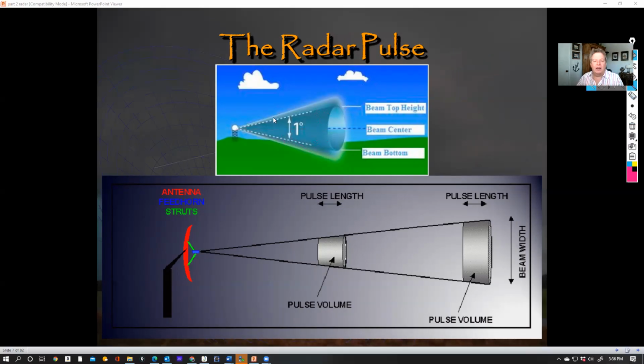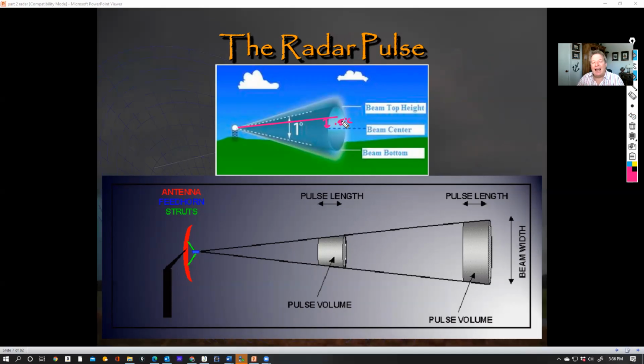So instead what we're going to do is take this and lift it up. The lowest one we have is usually half a degree, which means the bottom of the beam is parallel to the ground and the top of the beam is up.